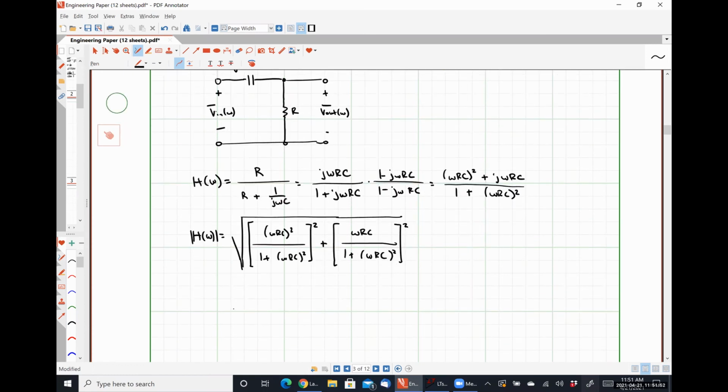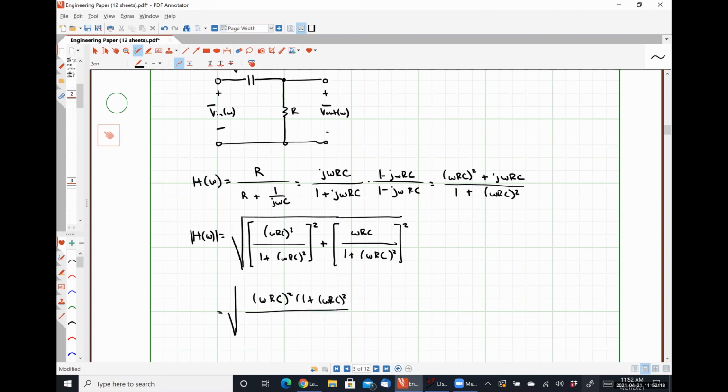When I combine terms, I'm going to have omega RC quantity squared times 1 plus omega RC quantity squared in my numerator.